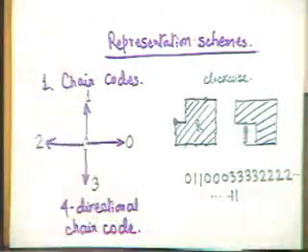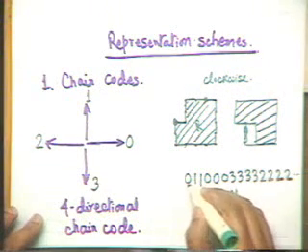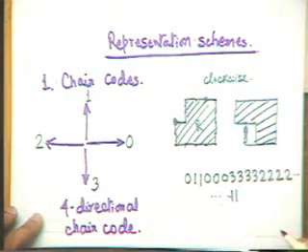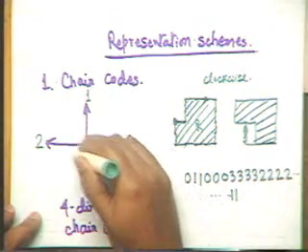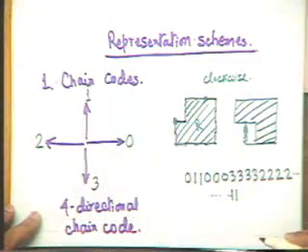For example, let us choose a particular 4th direction code, like this. Supposing this is the 4th direction code which we have chosen. Now, whenever we are going from 0 to 1, how many direction changes are there in the anti-clockwise? 1, 2, 3 direction changes.